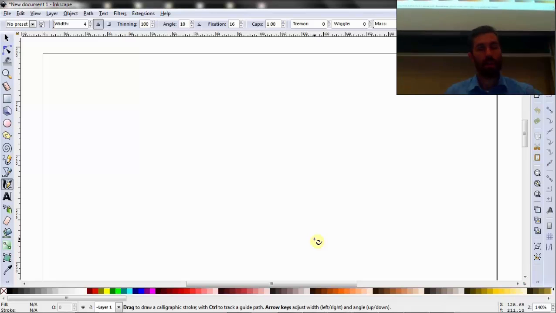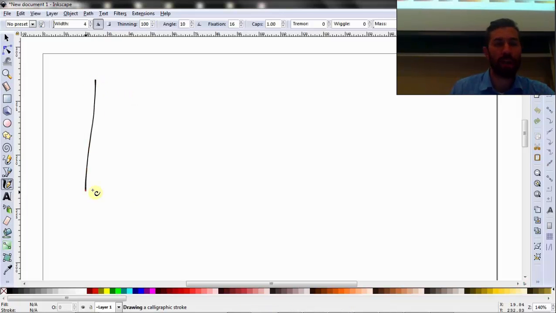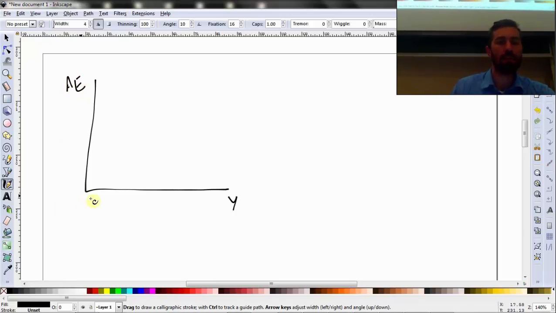So, exactly what we've just discussed, what I would like you to do, get out a piece of paper and a pen. We're going to plot an aggregate expenditure curve. So we've got output Y, aggregate expenditure, AE. We've got some 45-degree line, which gives us all the points of equilibrium between aggregate expenditure and output. In other words, all the points of equilibrium between the X and Y axes.